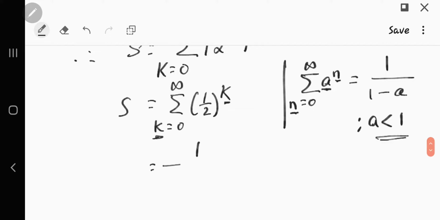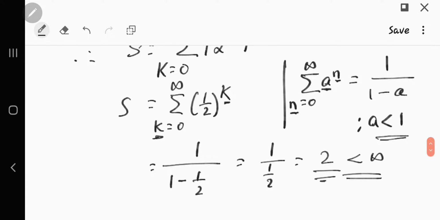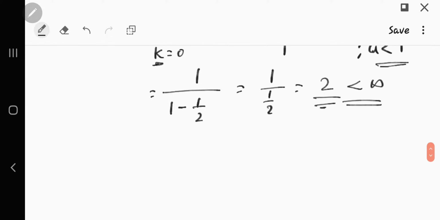So that gives us 1 divided by 1 minus 1 by 2. If you simplify this, that will be 1 divided by 1 by 2, which is equal to 2. So this value is a finite value which is less than infinity. So that means our impulse response is absolutely summable.